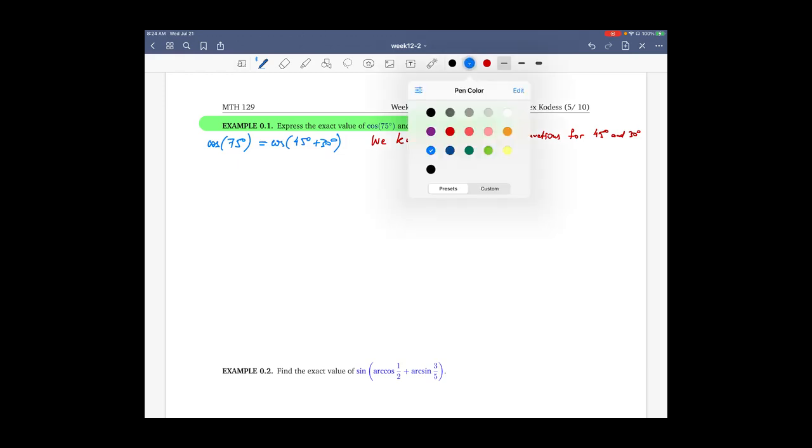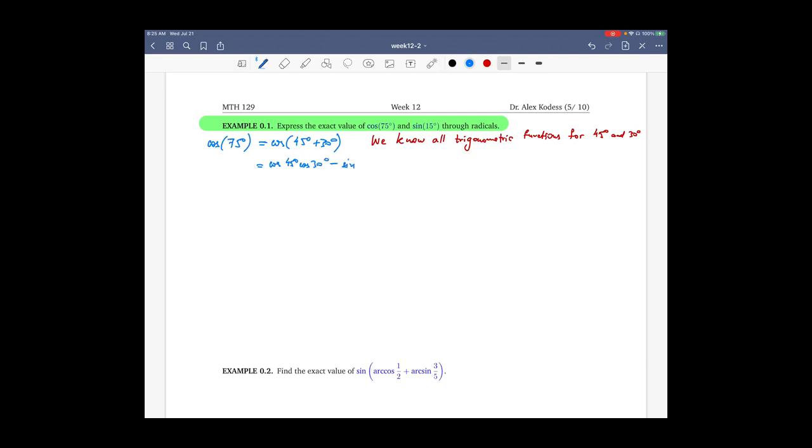So cosine of a sum, as we know, is product of cosines minus product of sines.